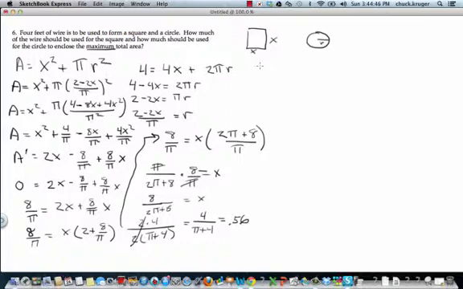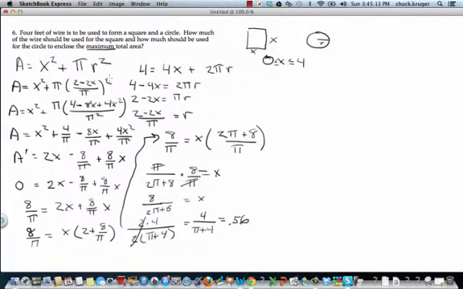Remember, this is in terms of x, so x is somewhere between and including 0 and 4. All of it could go here, or 0 of it could go here and all of it could go for the circle, or I could have something in between. So I have a closed interval here.